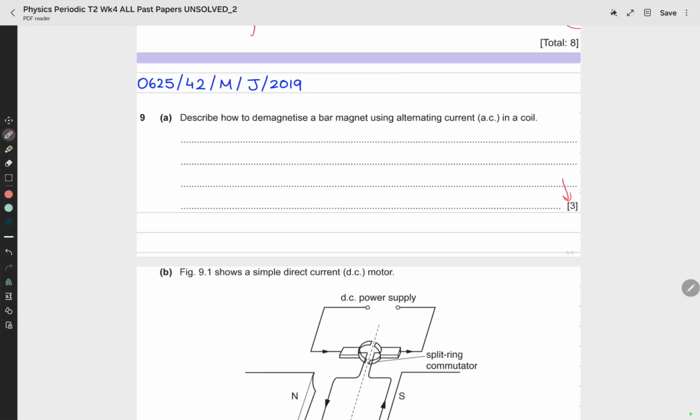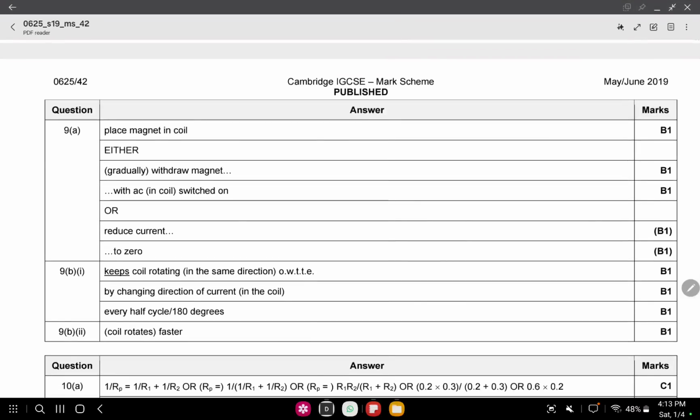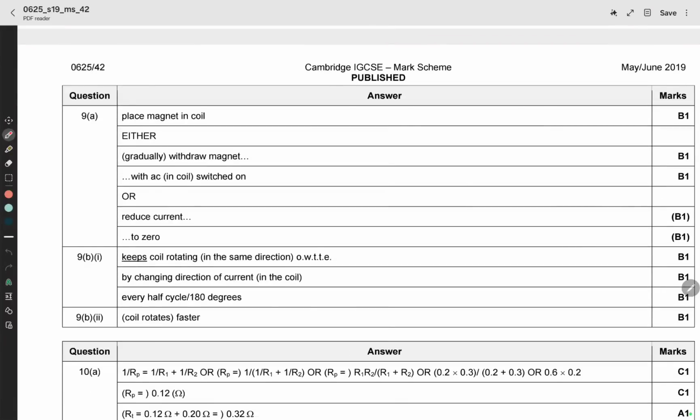To demagnetize a magnet, you want to make it so that it doesn't have any current flowing through it. You want to reduce the current in it to 0, because when there's 0 current, the magnet won't work. So I'm going to show you the marking scheme, and I'll translate what they're trying to say. The first mark is place the magnet in the coil, the alternating current coil. Then they said either this process or this process.